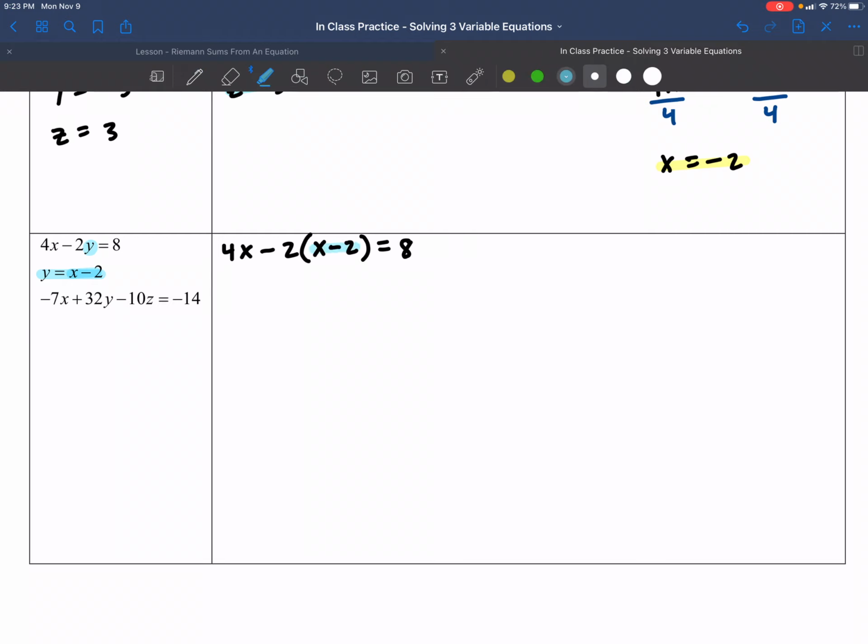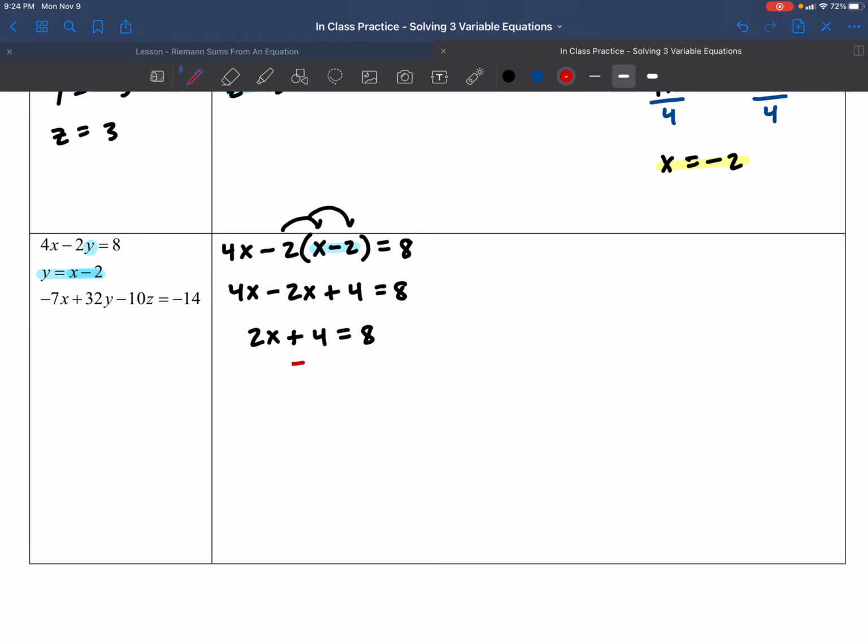So here's the x minus 2 that I'm replacing. Now I've got to do a little bit of algebra here. 4x, and my negative 2 needs to get distributed to both terms. So minus 2x plus 4 is equal to 8. I'm going to combine like terms, so 2x plus 4 equals 8.